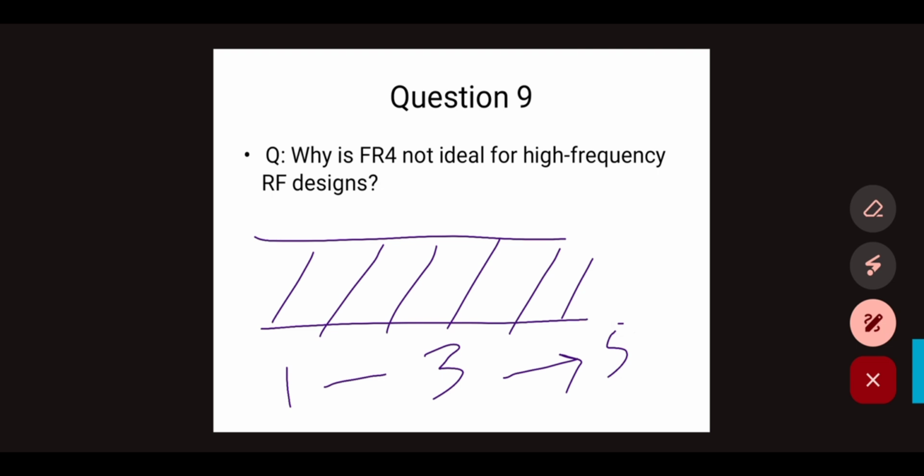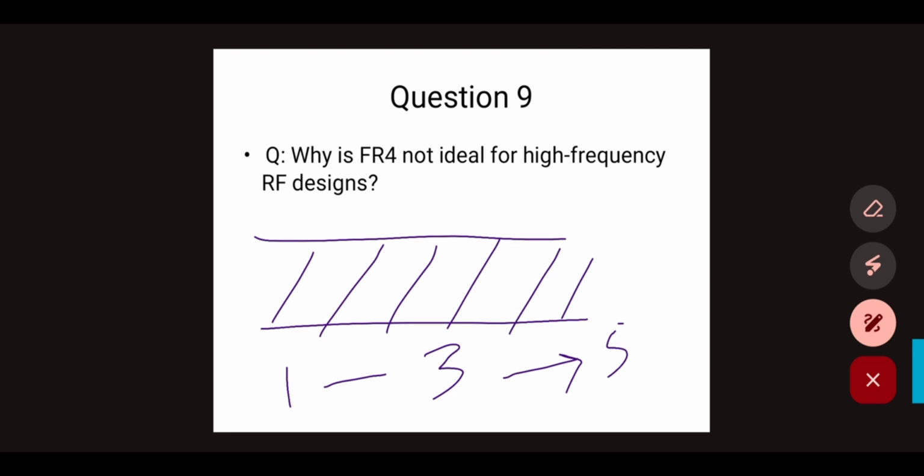That is why it is not recommended to use FR4 for high frequency applications. For that, more expensive materials are also available, like Rogers. So that is recommended.